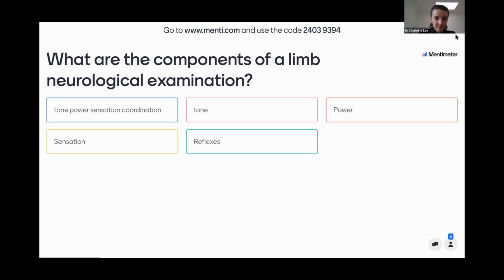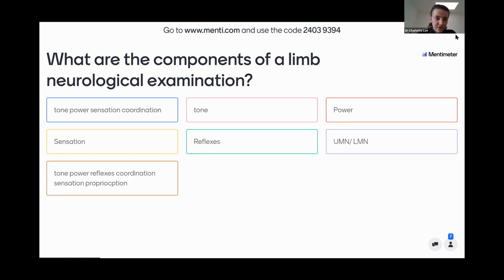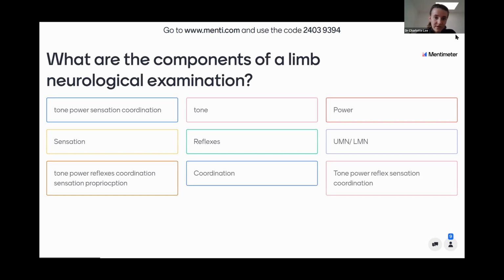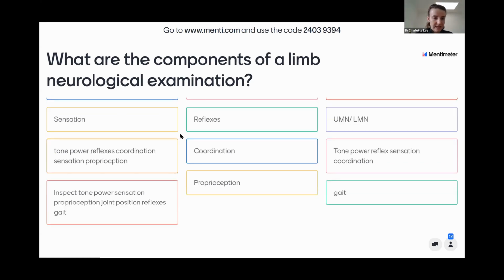Yep. Think about, yes, so you will be thinking about upper motor neuron, lower motor neuron. Yep. There's one thing I haven't seen yet. I don't know if anyone can. There you go. Yeah, I've just spotted it.